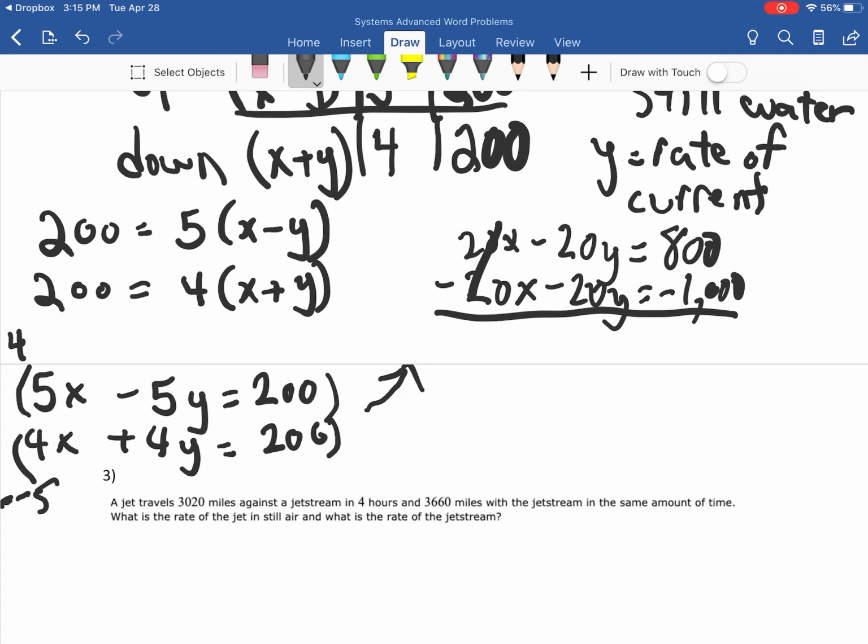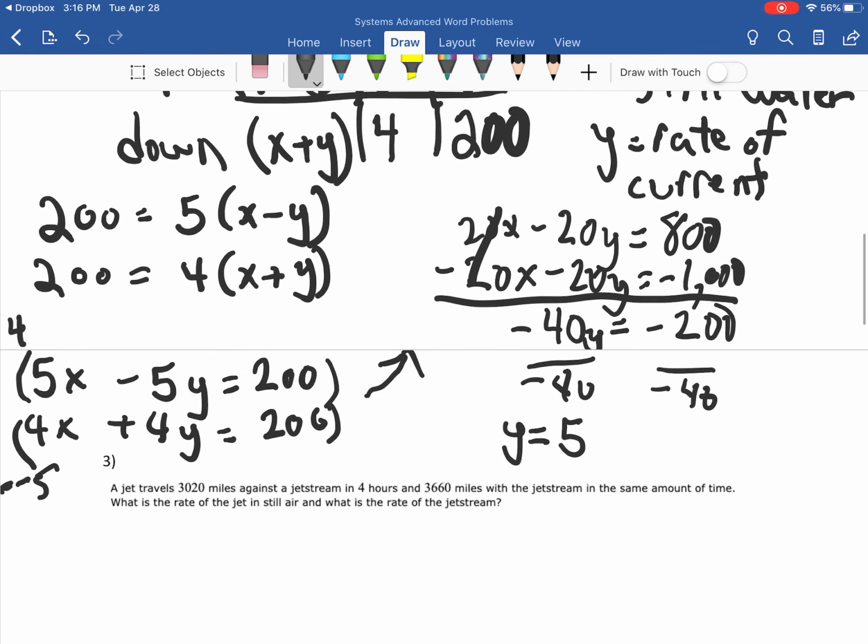So this eliminates. -40y equals -200. Divide. So that means y is 5.